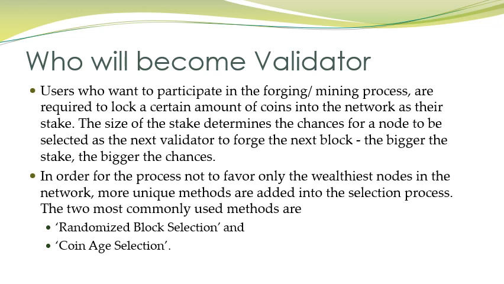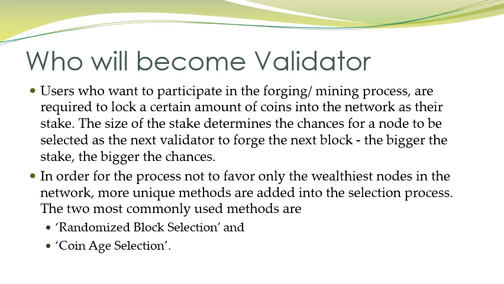So to avoid such a monopoly problem, different mechanisms are used, so that the process does not go in favor of only the wealthiest nodes in the network, and more uniform methods are added into the selection process.